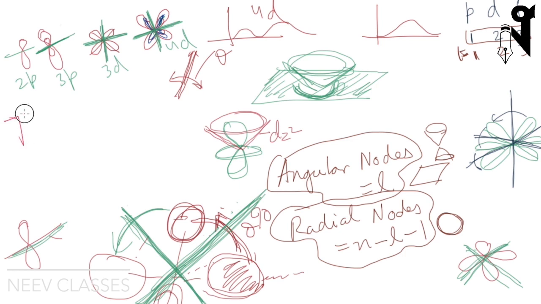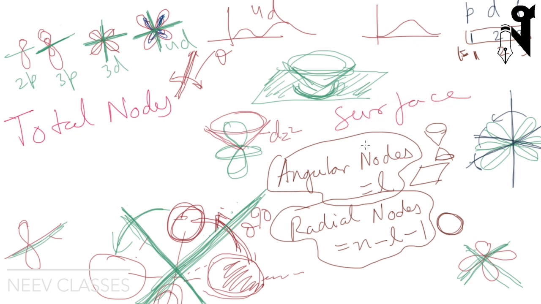Hence, if they ask total nodes, remember nodes are not points, they are surfaces, whether radial or angular. This one was coming like a plane surface or conical surface. This comes like a round, spherical surface.